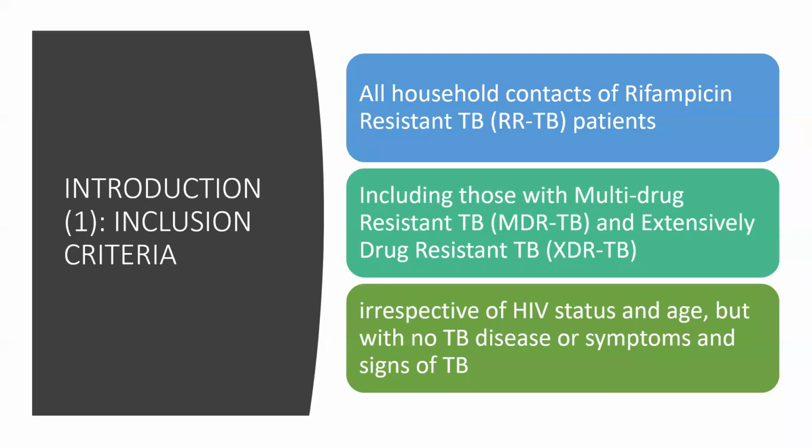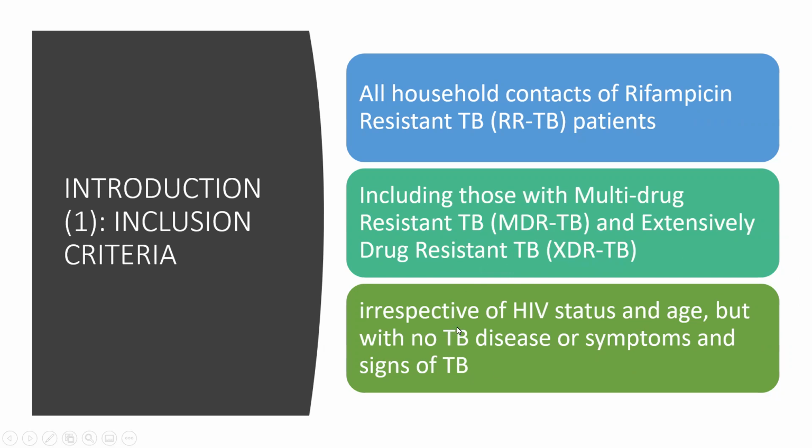In terms of this module, the inclusion criteria, those that are going to be considered, are all household contacts of rifampicin-resistant TB patients. Number two, those with multi-drug resistant TB and extensively drug-resistant TB, commonly known as XDR TB.